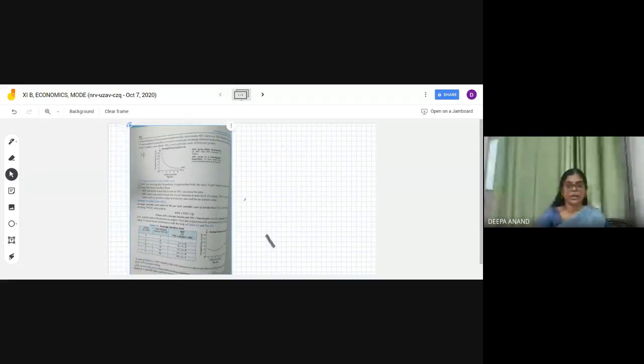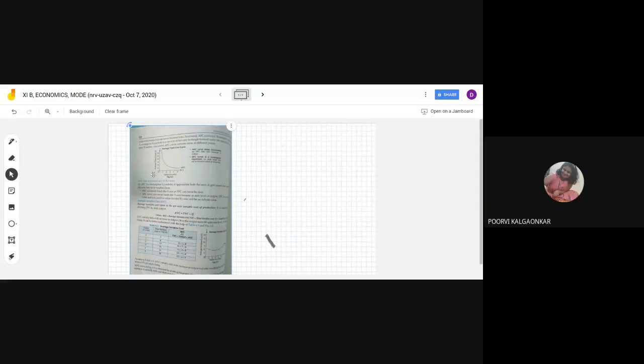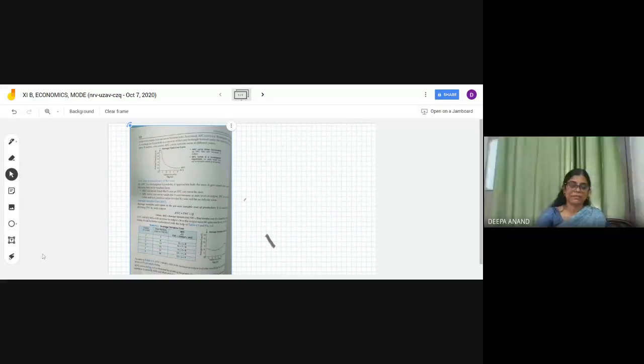So this is the shape of average variable cost. Can you see my board? Yes, ma'am. See where I am showing, this is the shape of the graph of average variable cost.